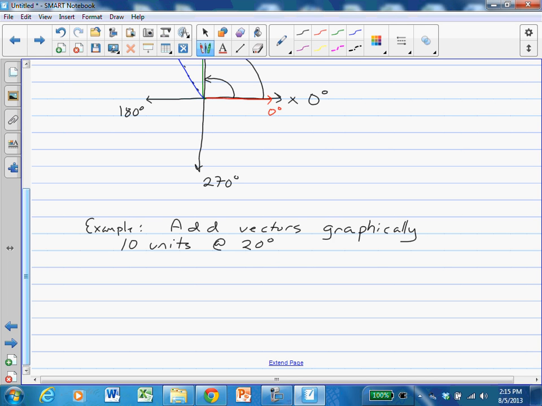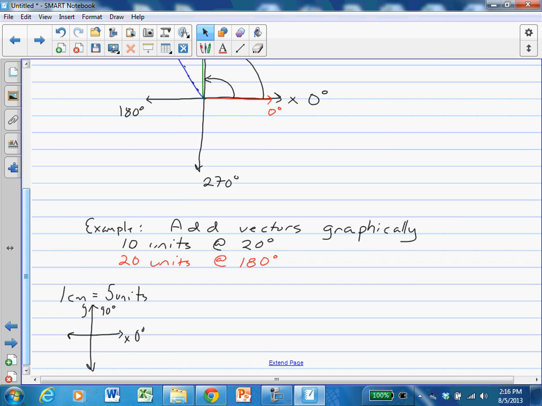Well, do one black and one red. 20 units at 180 degrees. Okay? And let's say 1 centimeter equals 5 units is our scale, and we would draw on there an x, y, 0 degrees, 90 degrees. It's letting us know how the angle system works.